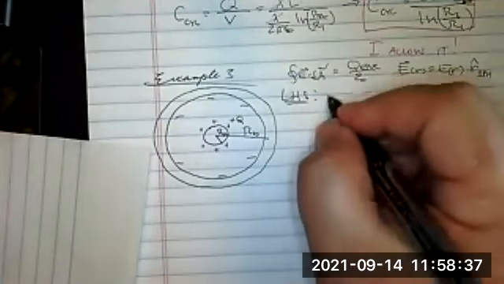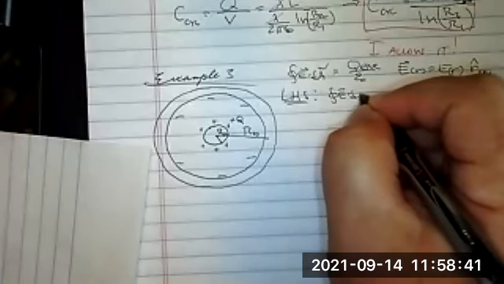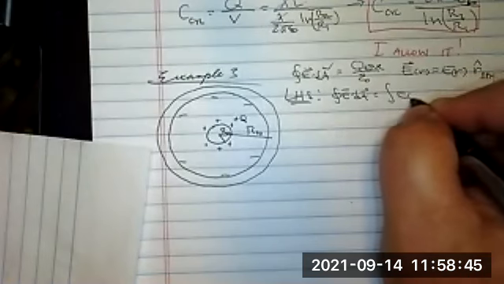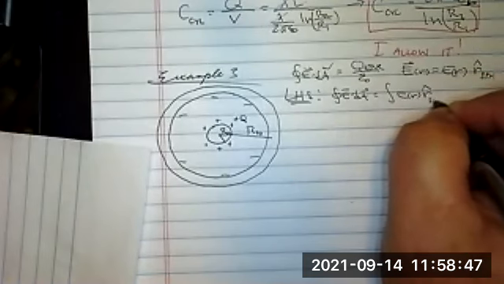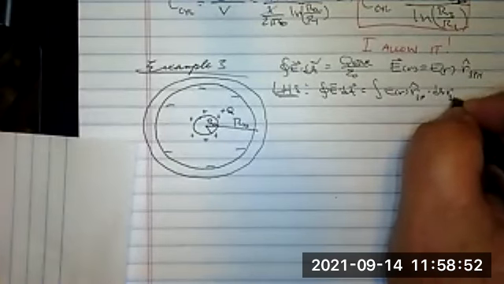So the left-hand side is going to become the closed integral of E dot dA, which equals the integral of E of R R hat (spherical) dot dA R hat.